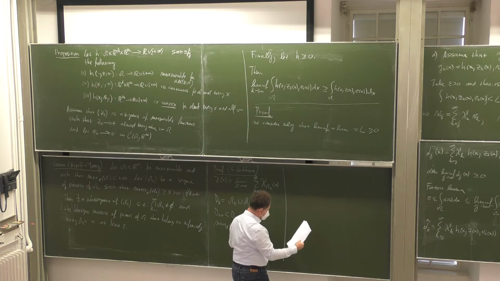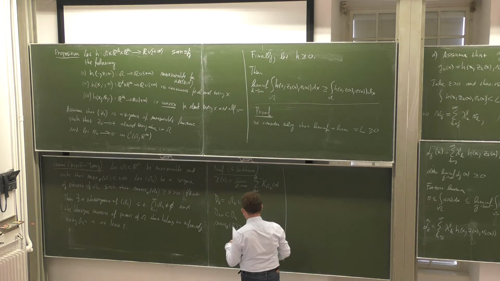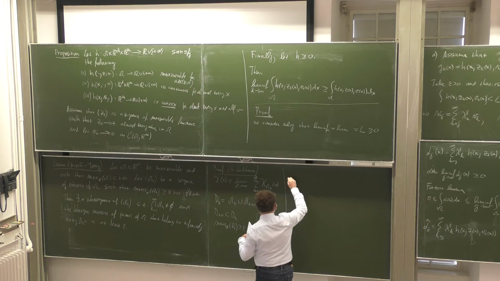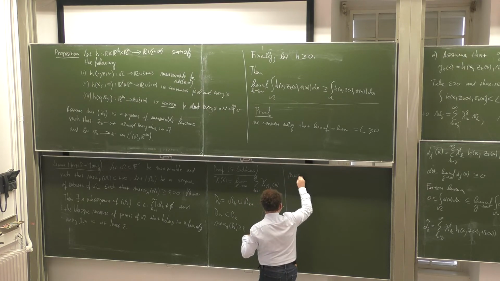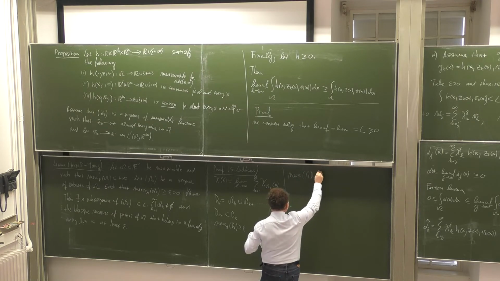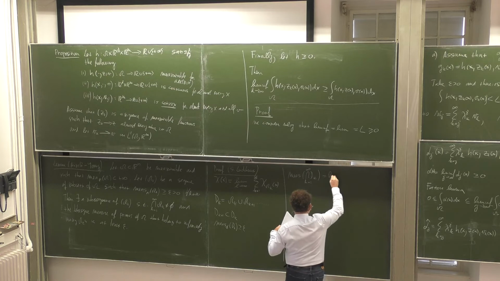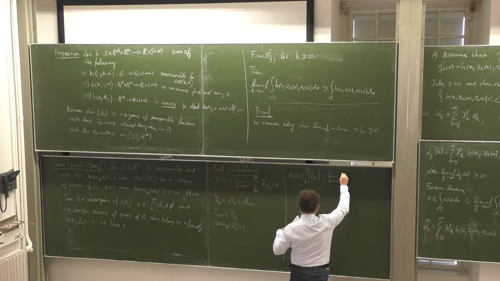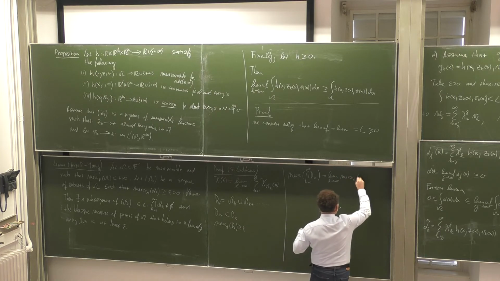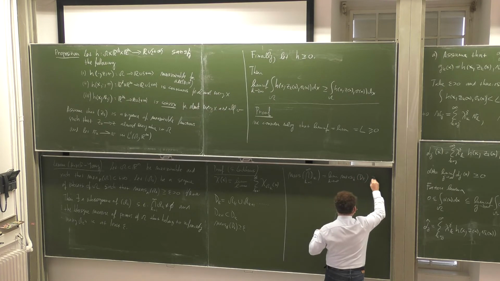And so the measure of the intersection of d_k is in this case the limit for k going to infinity of the measure of d_k, and this is also bigger or equal than epsilon.